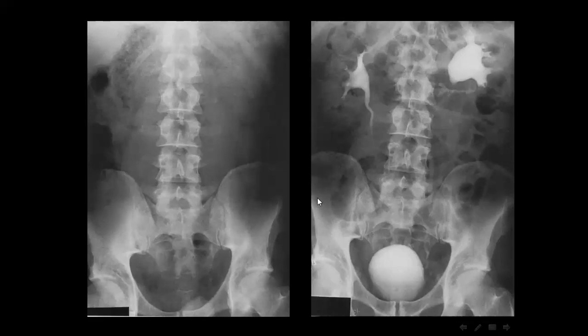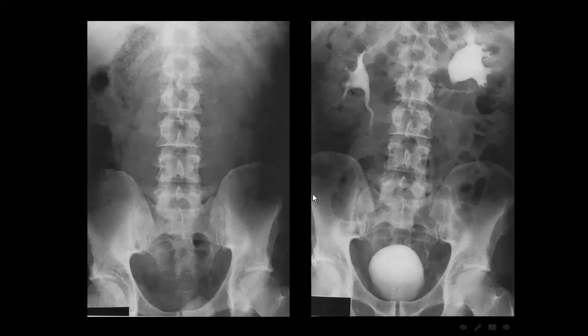Here is the plain film, and in the plain film we have a small opaque shadow along the course of the ureter, so it could be a stone, and the patient is complaining of left side pain.